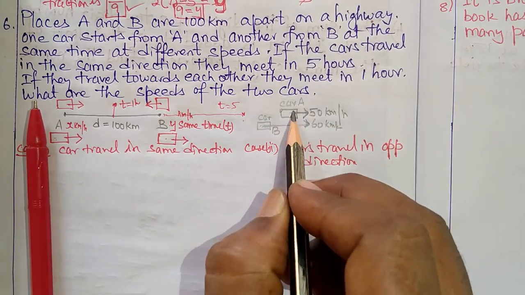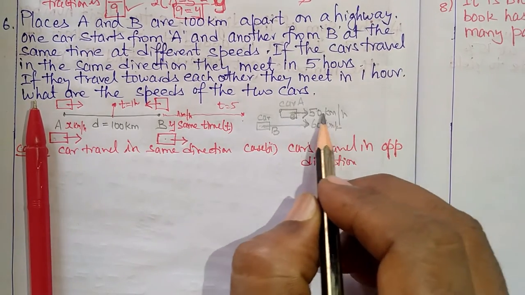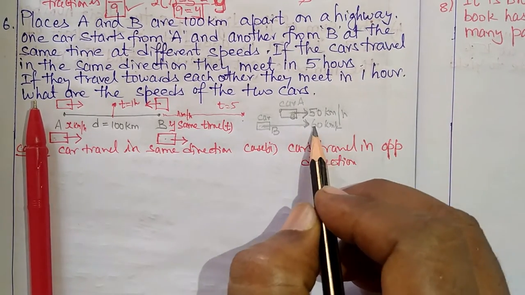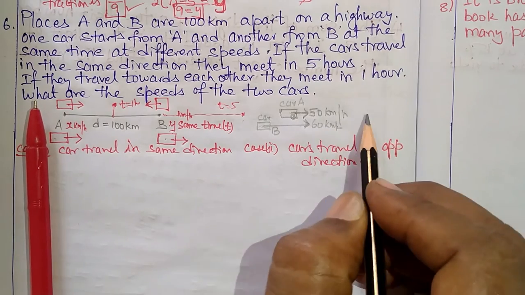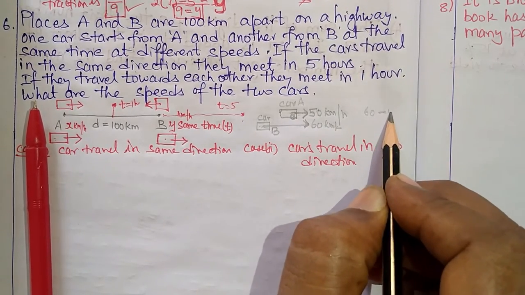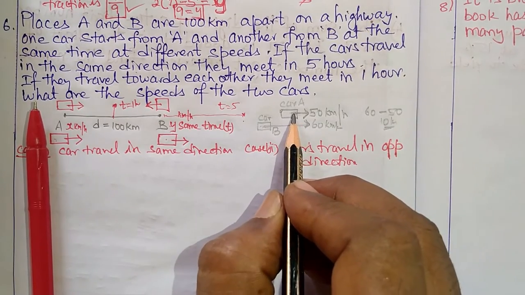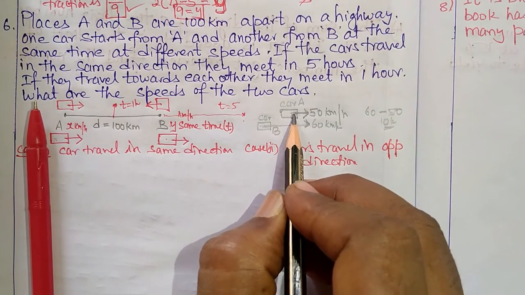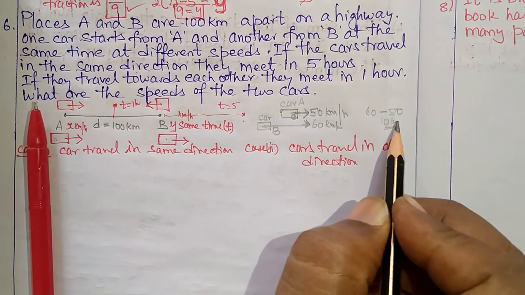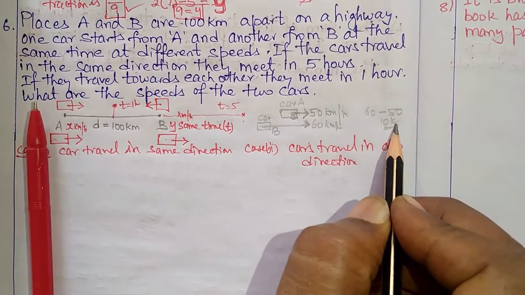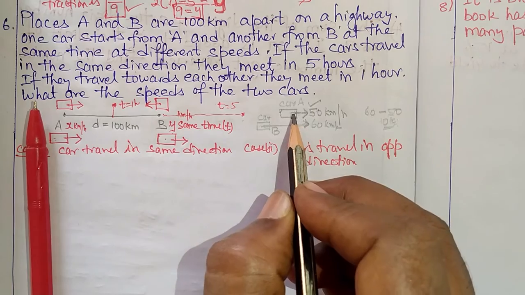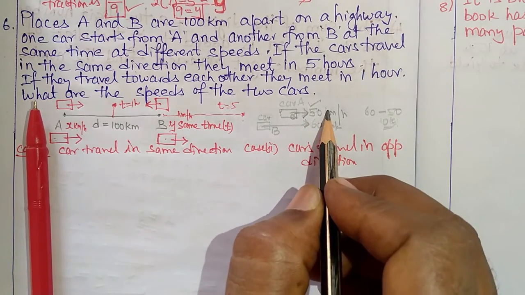Relative speed means when they are in the same direction, the greater speed minus the lesser speed. That is 60 minus 50. So therefore for a person sitting in car A, he will see that car B is traveling with the speed of 10 kilometers per hour compared with him. Why? Because he is also traveling with the speed of 50 kilometers per hour.